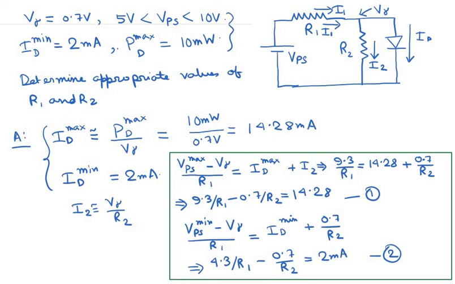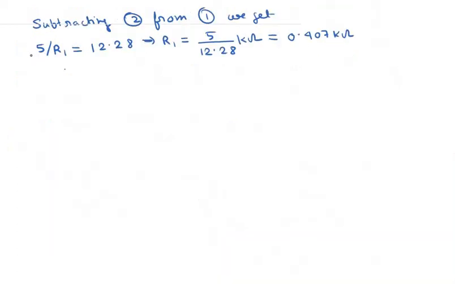So let us find the value of R2 from equation 1. 0.7 divided by R2 is equal to 9.3 divided by R1 minus 14.28 milliamperes.